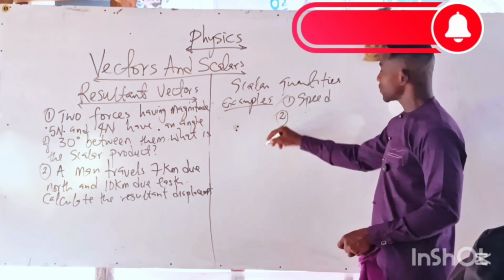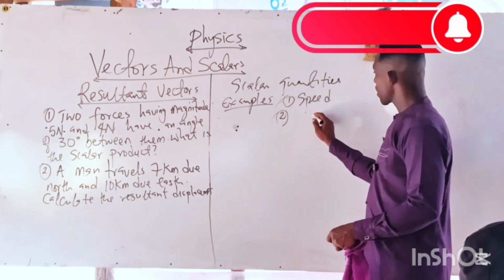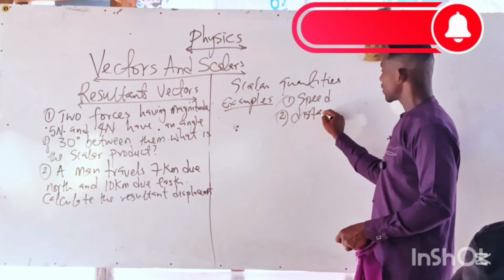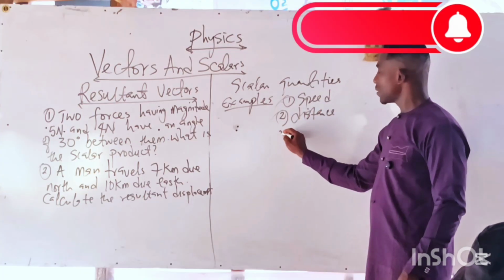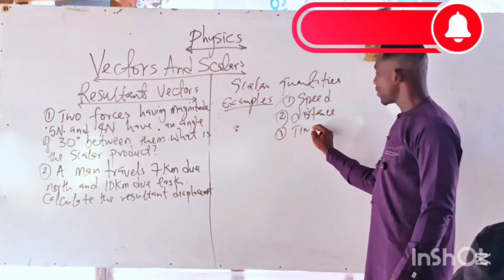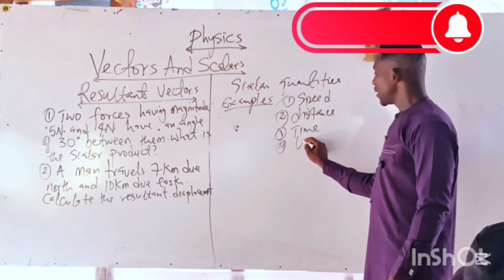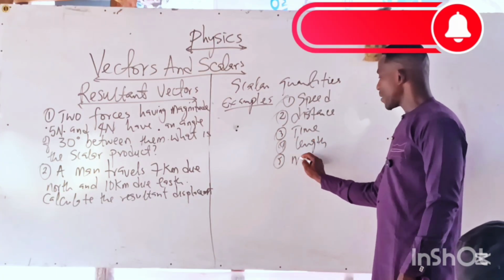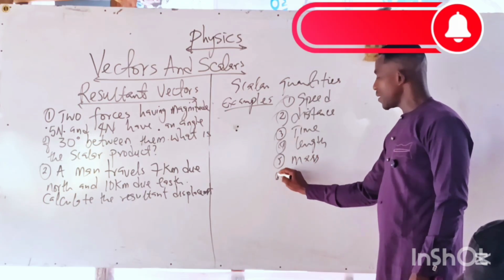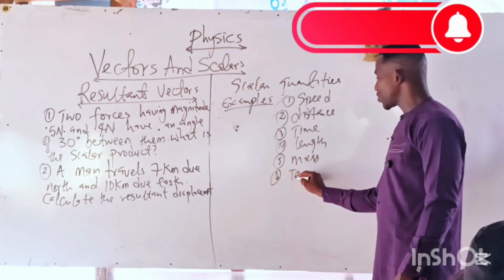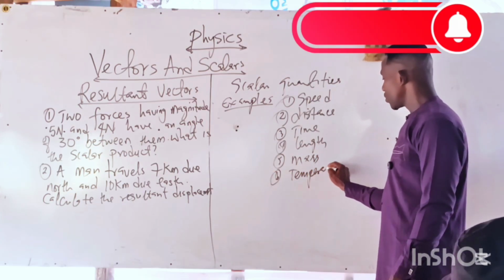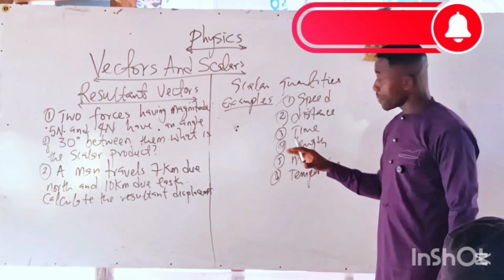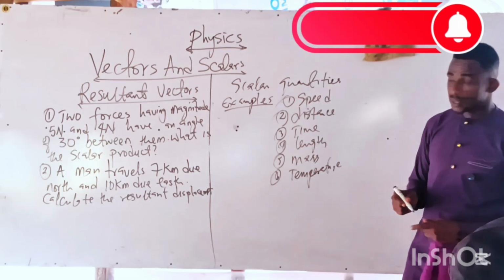Two, distance. Three, time. Four, length. Five, mass. Six, temperature. So these are scalar quantities.